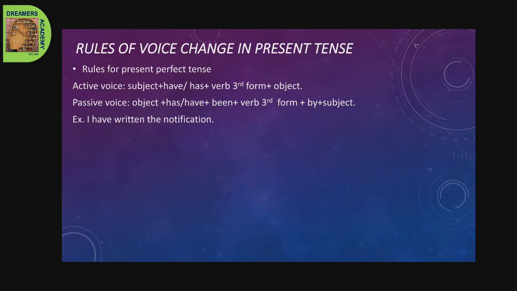Example: I have written the notification. Passive voice: the notification has been written by me. According to notification, here we use has, then been, then verb third form written, by subject.